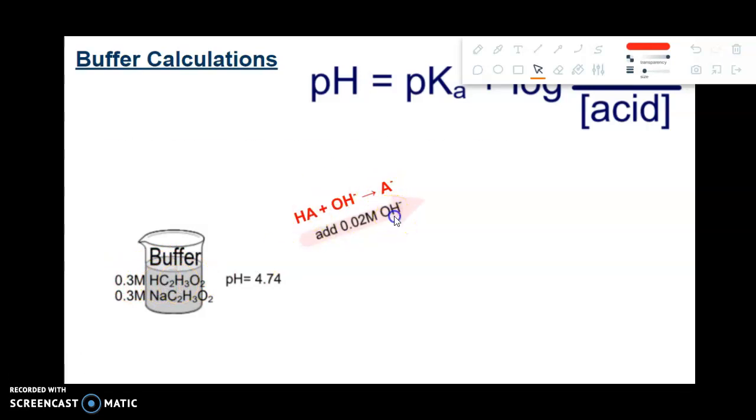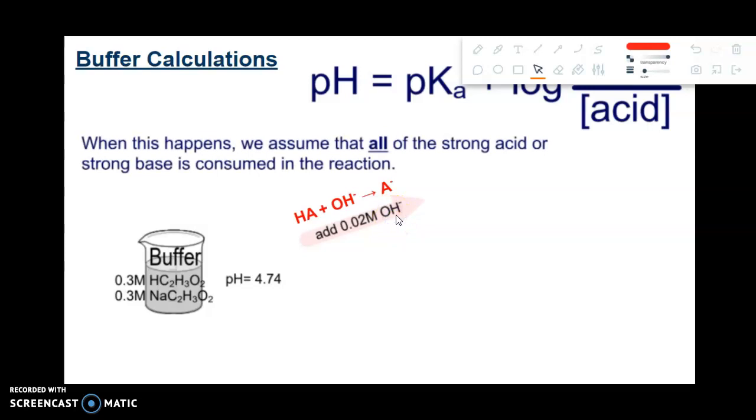So then when we're figuring out our ratio, we can plug into the Henderson-Hasselbalch equation. We started off with 0.3 for both of them. However, adding 0.02 of the base consumes the acid and decreases the concentration by 0.02. And when that base is consumed, it creates more conjugate.